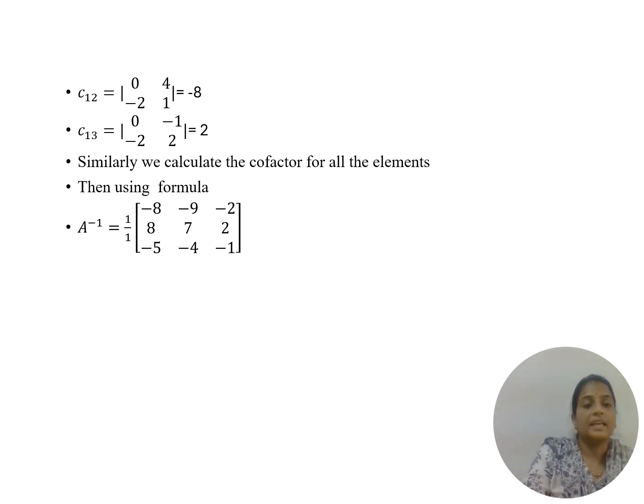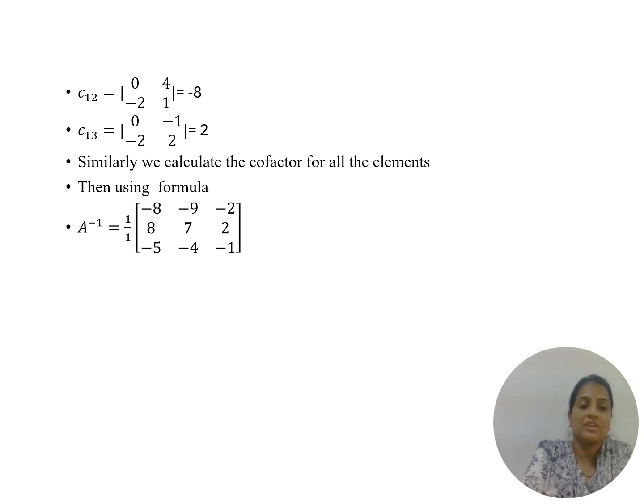Okay, clear. Next we find C13: 1 plus 3 is 4, an even position, so we do not change the sign. We delete the first row and third column, and find the determinant of this: 0 into 2 is 0, minus minus 2 is plus 2, so the answer is plus 2.